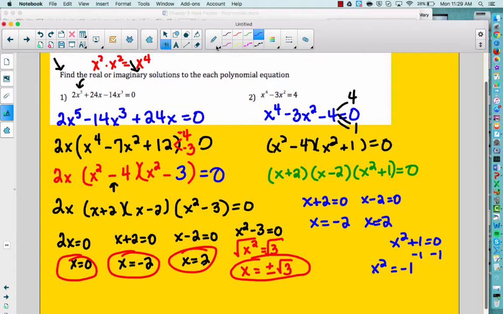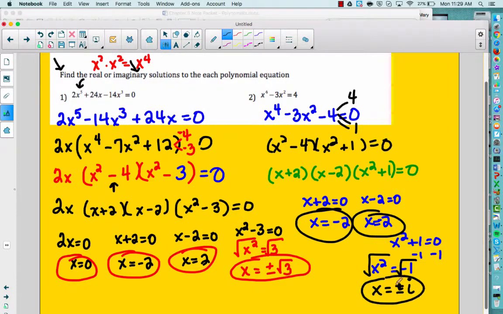I take the square root of both sides, and x is going to be equal to plus or minus i, because the square root of negative 1 is i. So we have 4 roots, 2 of which, in this case, are imaginary solutions, which means they will not cross the x-axis there. They'll only cross at negative 2 and 2.